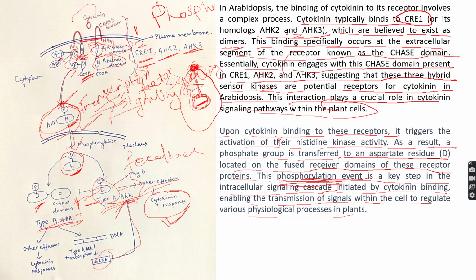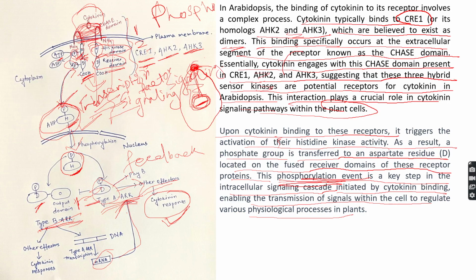When one cytokinin molecule is attached to the receptor, which has three domains, one is the CHASE domain, one is the histidine kinase domain, third is the receiver domain. So cytokinin will never enter the cell, but it will just attach to the receptor, and after attaching to the receptor, whole changes inside the cytoplasm will take place.